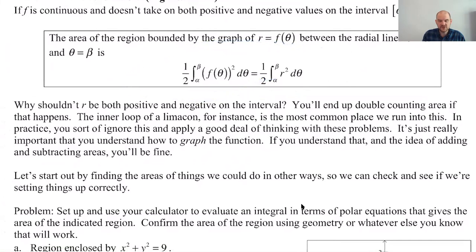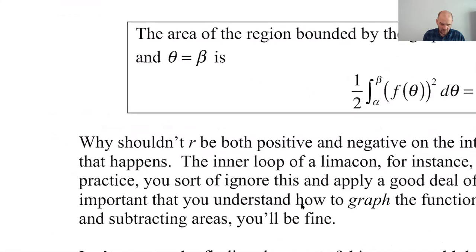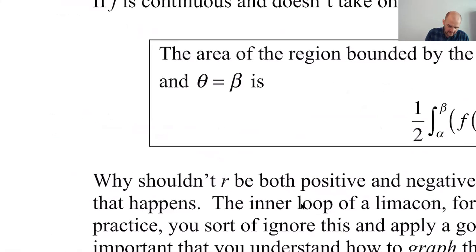And the inner loop thing is going to be a big deal. We're going to deal with it. In any particular XY region, you don't want the polar curve to pass through it twice. What do I mean by that? Basically, if it passes through an XY region twice, start to worry. So I'm going to draw a sine curve with an inner loop.